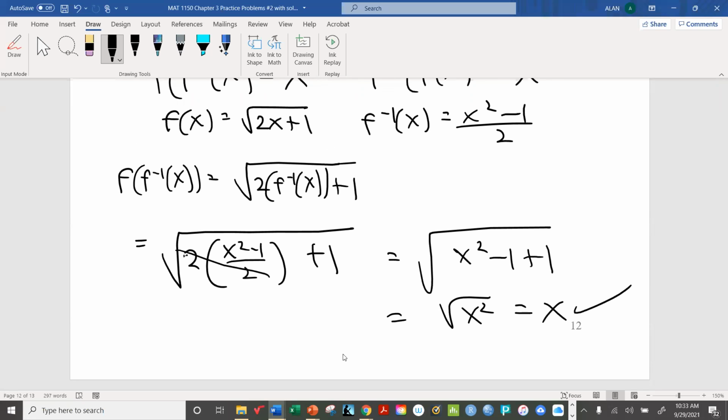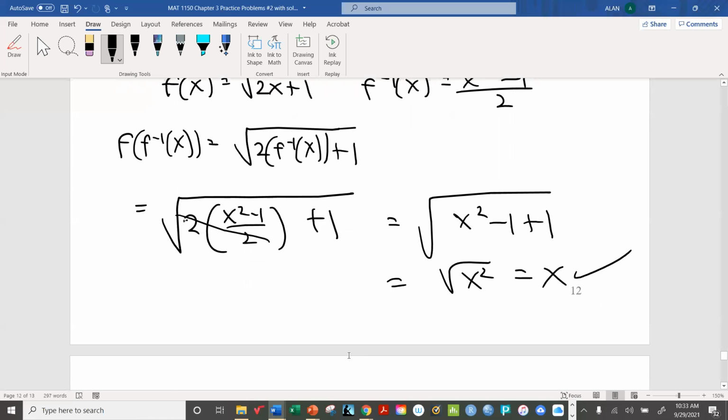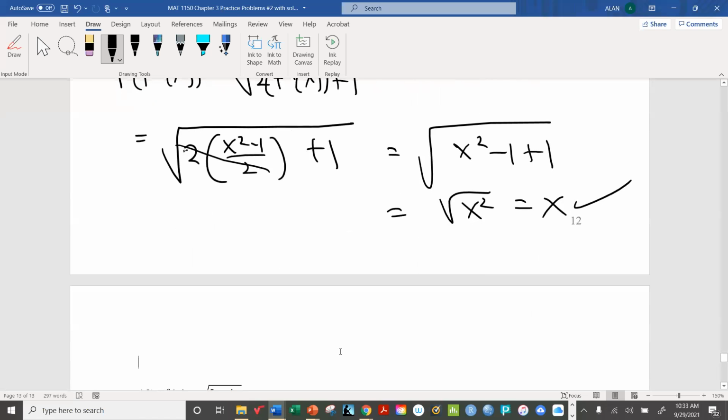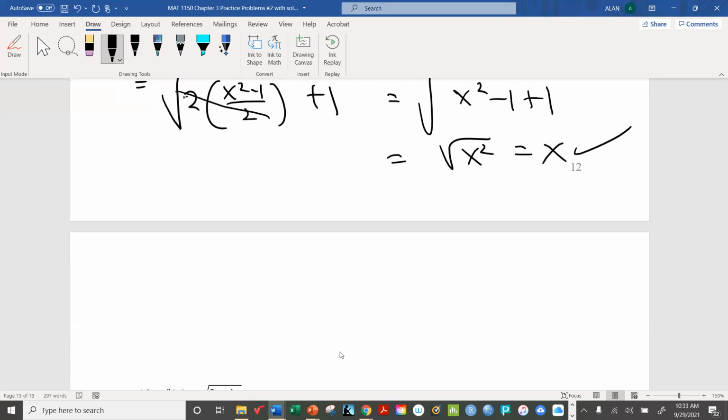Okay. So in other words, I took the original function, radical 2x plus 1. The x is replaced by this inverse. And you can see it simplifies to x. But that's not enough. We have to do it both ways. We have to also prove that f inverse of f of x is also x.